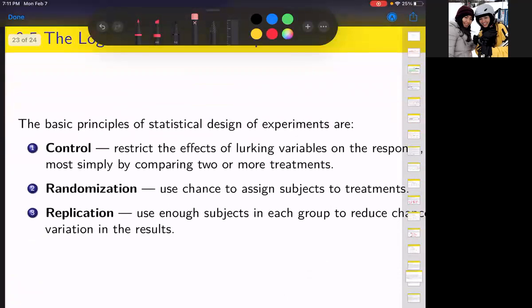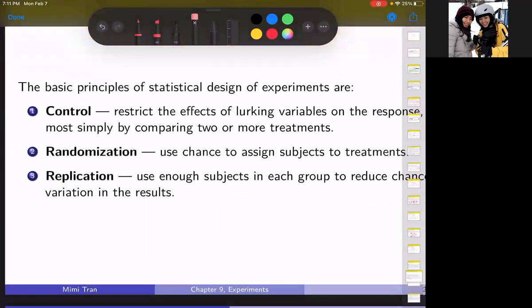Okay, so why do we do this? Why do we do control? Why do we do randomization and replication? Well, the reason we're doing all of these is to reduce bias and lurking variables. The bottom line is reduce bias and lurking variables. Control is to restrict the effect of lurking variables on a response, most simply by comparing two or more treatments.